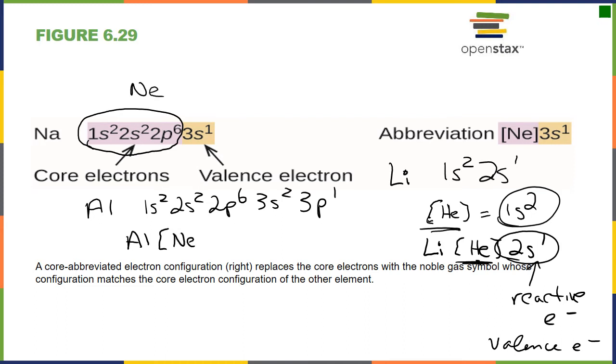We're going to put it in brackets. So we put neon in brackets and then put the valence electrons on the outside. Now, if you remember, we learned our group numbers as that aluminum was in group 3. Where does this 3 come from? It comes from right here because aluminum has 3 valence electrons. 3 electrons after the noble gas core.